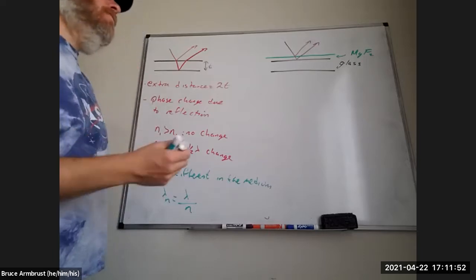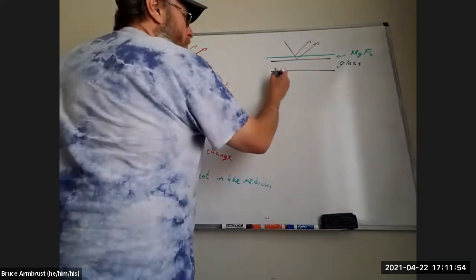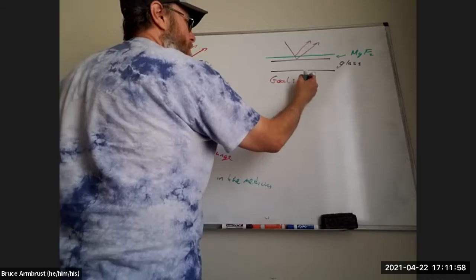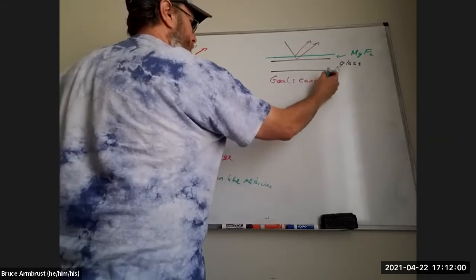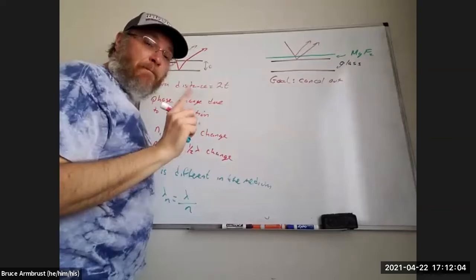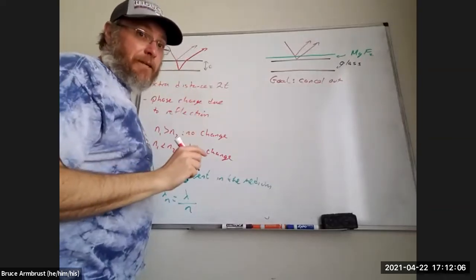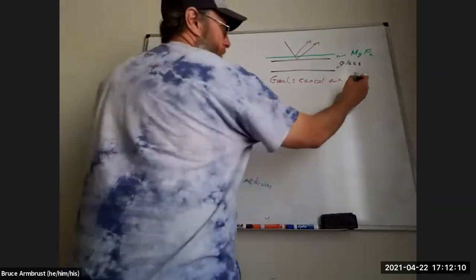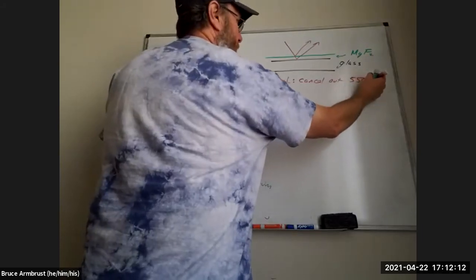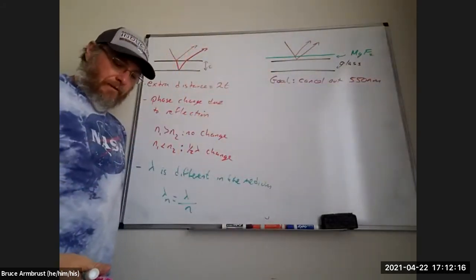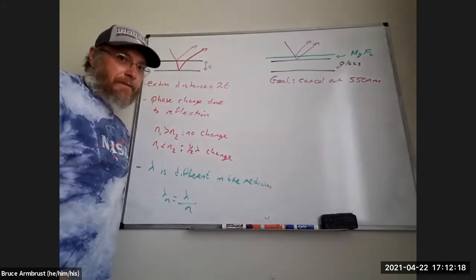Now, here's our goal. We want to cancel the middle of the visible spectrum, somewhere around 550 nanometers, plus or minus.